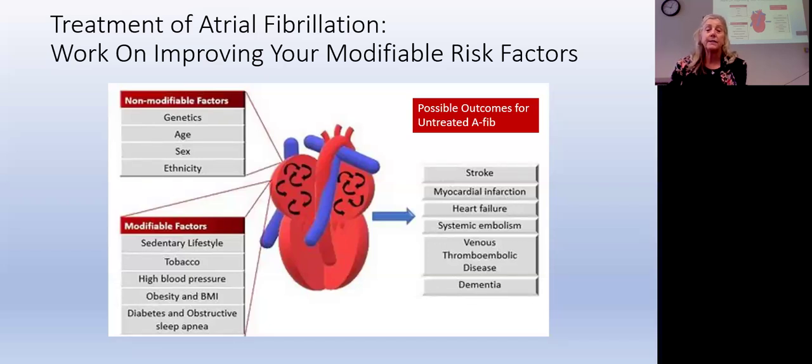You can exercise, you can quit smoking, you can treat your high blood pressure, lose weight, improve your profile there, get your diabetes under control. And if you have sleep apnea, get treated for that with some sort of CPAP or whatever works for you. Because you want to avoid all these outcomes that happen if you have untreated atrial fibrillation, right? So not treated atrial fibrillation, but untreated atrial fibrillation.